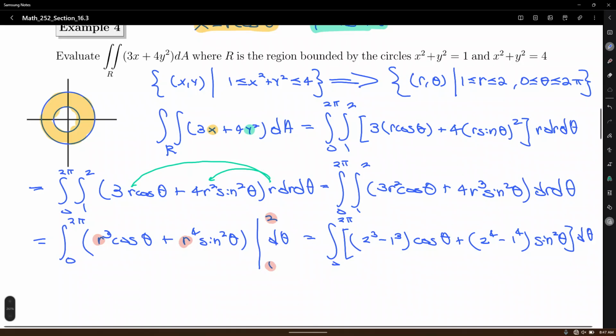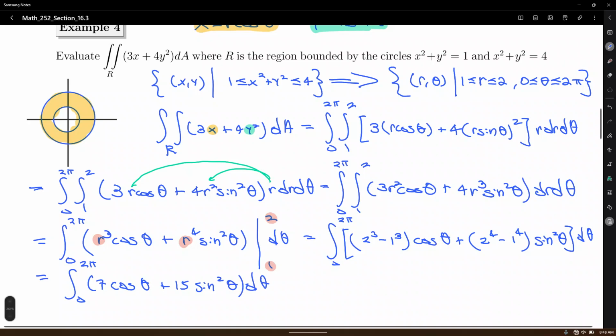Okay, what is this? 2 cubed minus 1 cubed is 8 minus 1, that's 7, and then 16 minus 1 is 15. Okay, so 7 and 15. So that's going to leave us with the integral from 0 to 2 pi of 7 cosine theta plus 15 sine squared theta d theta.